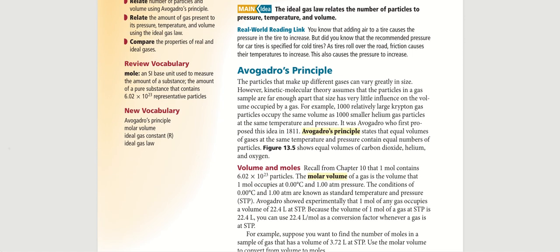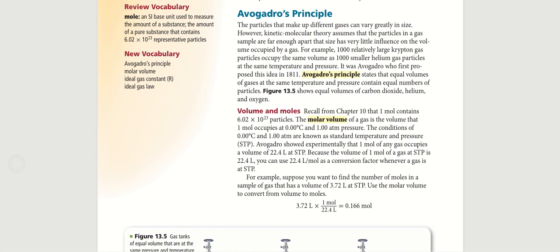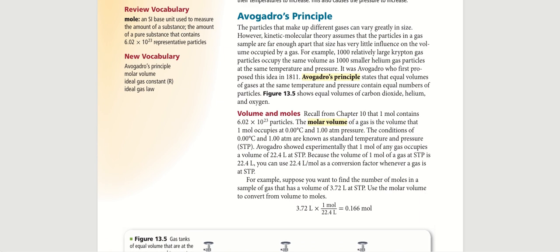Ideal gas law, Avogadro's principle, and the molar mass. Avogadro's principle means there is an equal number of particles for all samples of gases under the same temperature and the same pressure, regardless of the size of the particle itself. So the number of particles will be equal.